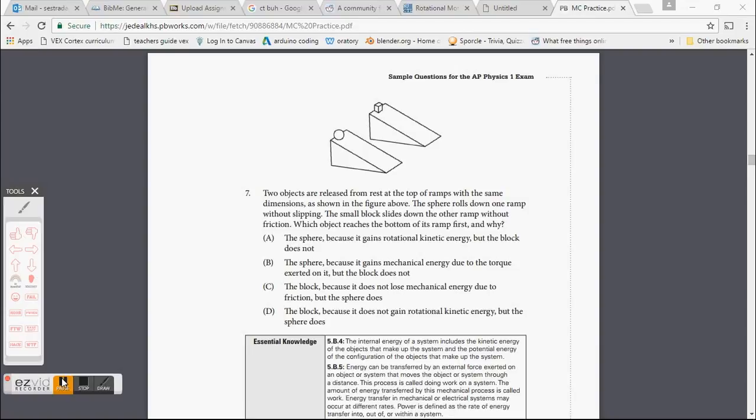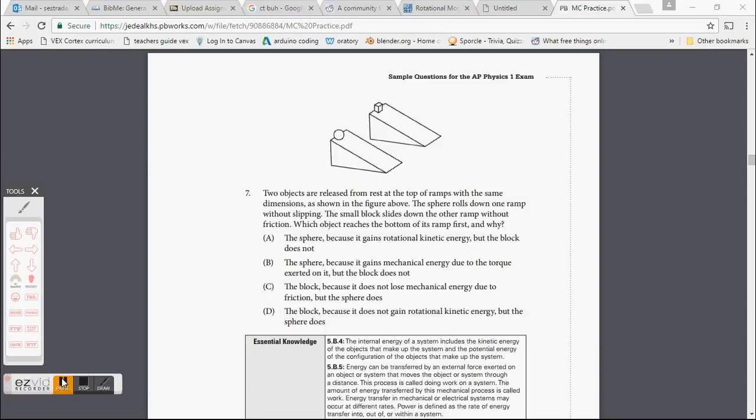So the sphere, because it gains mechanical energy due to torque exerted on it, the block does not. So yeah, it has torque on it. Friction is supplying the torque that's making it spin, but the other one is also gaining mechanical energy.